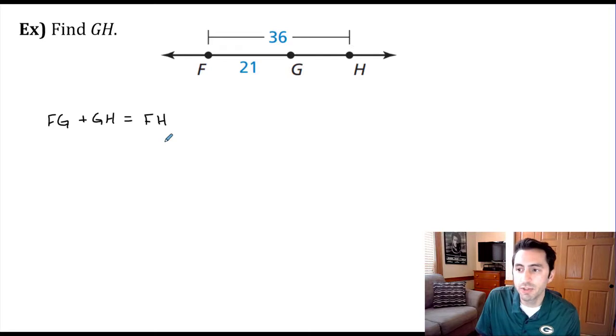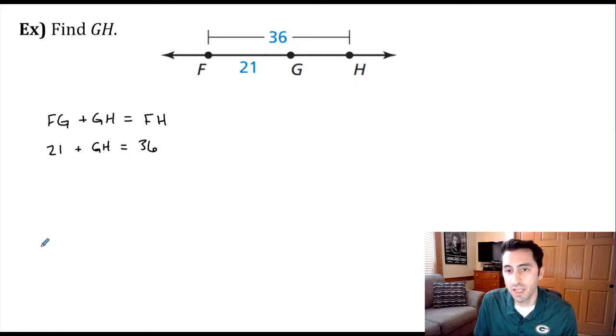And now I can substitute in the values that they gave me. So from F to G, that has a length of 21. GH, this is the length that I want to find. And then the entire length from F all the way to H, this is 36.